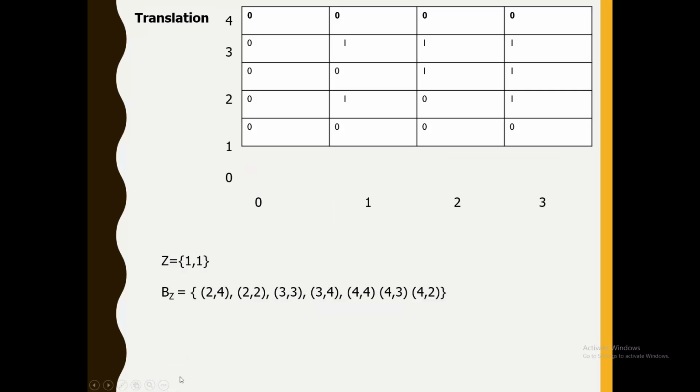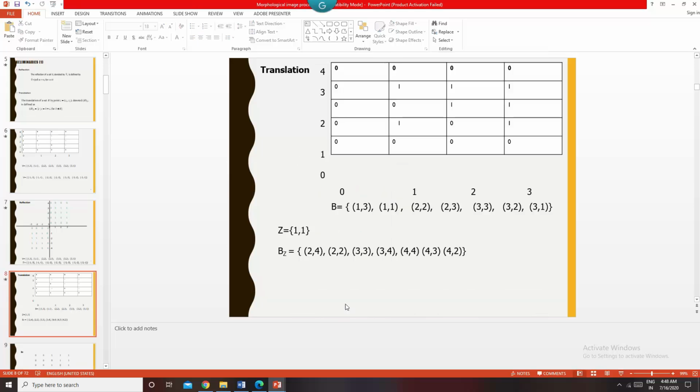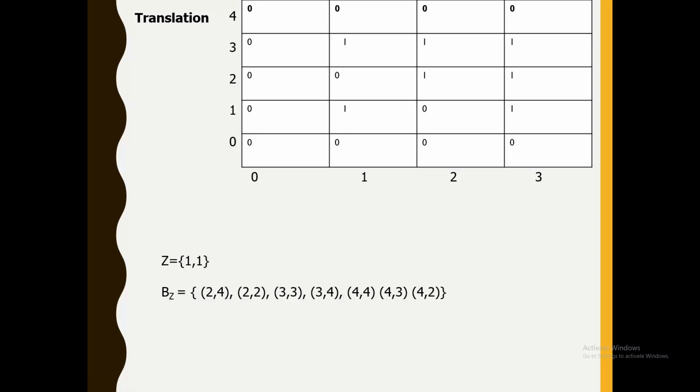Similarly for translation, we assume that translation is corresponding to Z, which consists of 1 comma 1. This is an original image, that is B. So B is going to be translated by Z. Now Bz is what?